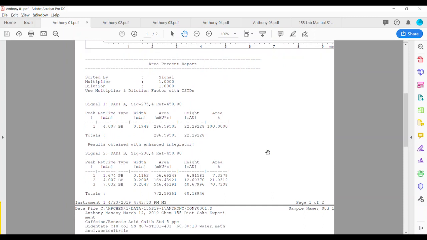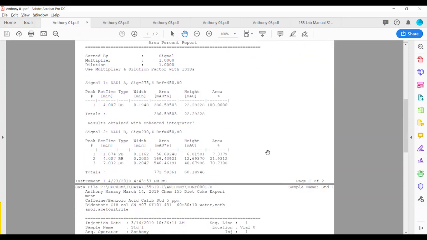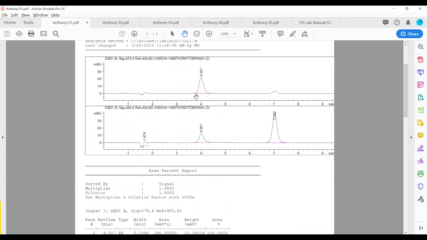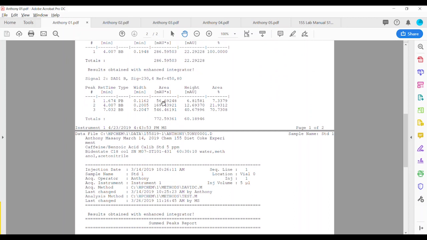Now, what you're going to have to do is make a choice about what wavelength you're going to use. Since in this first one the computer didn't identify this small peak for benzoic acid at 275, we can just go ahead and use the 230 nanometer data for the analysis of caffeine and benzoic acid in this case.